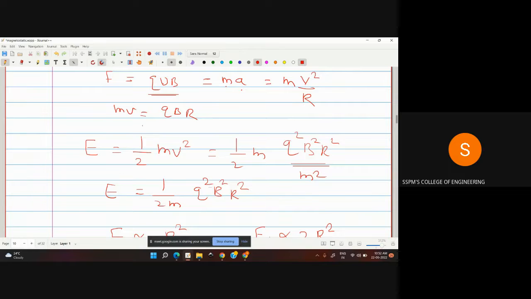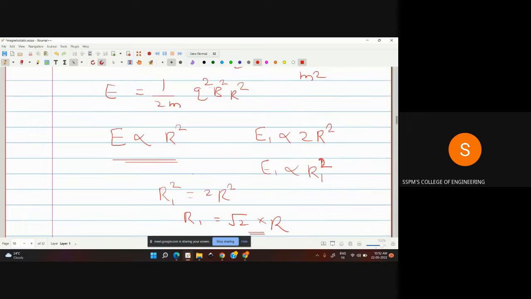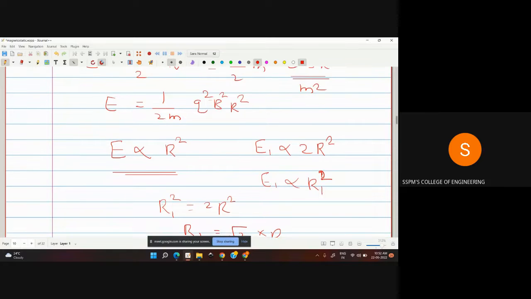Then substitute v square, you will get the energy relation in terms of radius. The energy of the charge is directly proportional to the square of the radius of the circular path. And if energy is double, then the radius of the new path will be square root 2 multiplied by r, where r is the radius of the original circular path. So option A is correct.